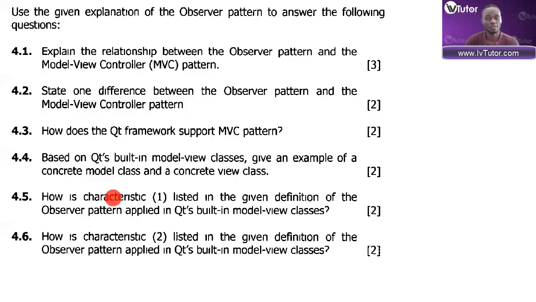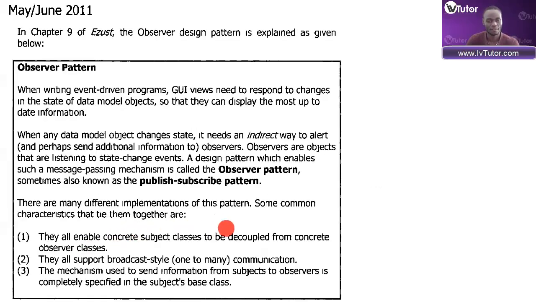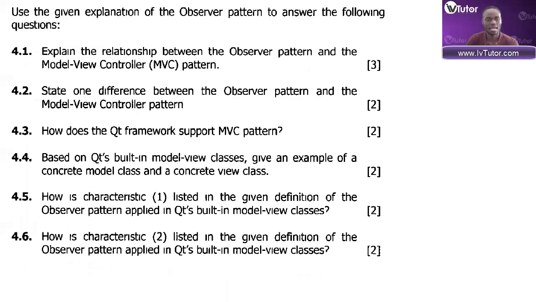How is characteristic one listed in the given definition of the observer pattern applied in Qt's built-in model view classes? In other words, enable concrete subject classes to be decoupled from concrete observer classes. How is this pattern applied in Qt's built-in model view classes?